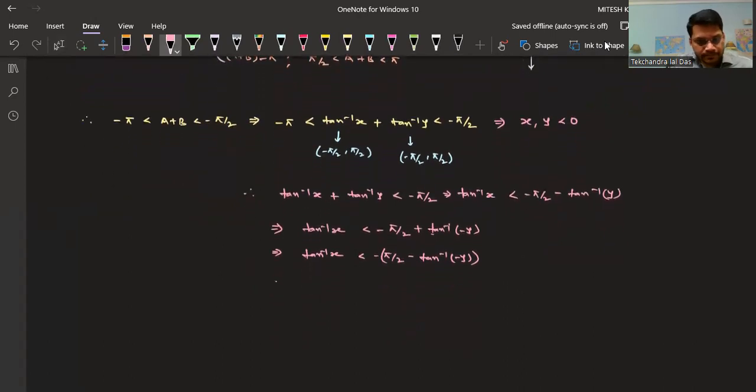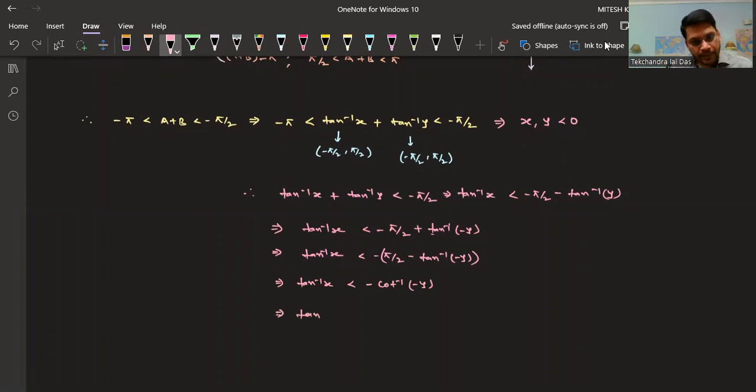And this is tan inverse x less than minus of pi by 2 minus tan inverse, what? Cot inverse. Okay, so this is minus of cot inverse of minus y. If y is negative, so definitely this minus y will be positive. So cot inverse of minus y can be written as tan inverse of minus 1 by y, like this.